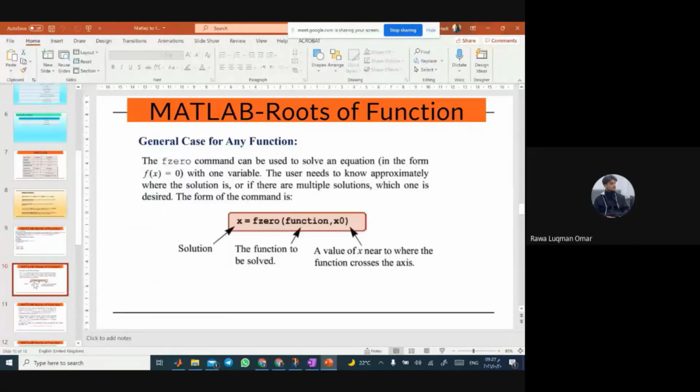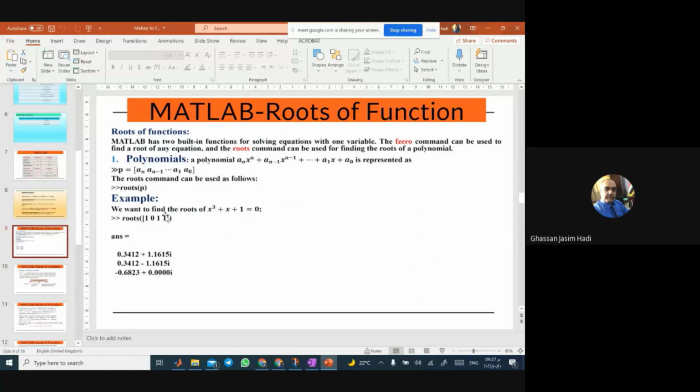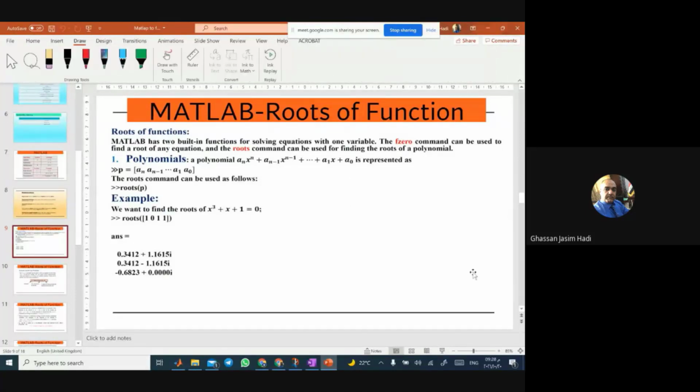If we use roots just on polynomials, like this, this is a polynomial, this is a polynomial. But if I have a question like this, sine x plus 3, for example, f of x.